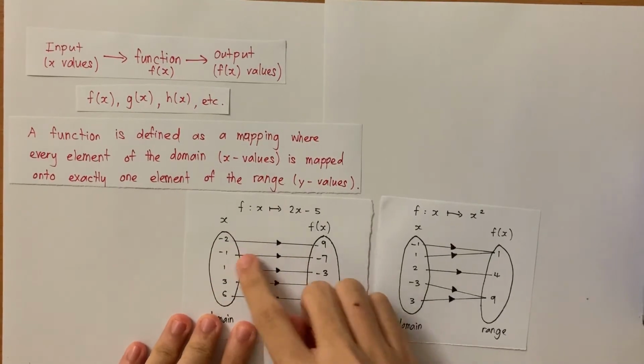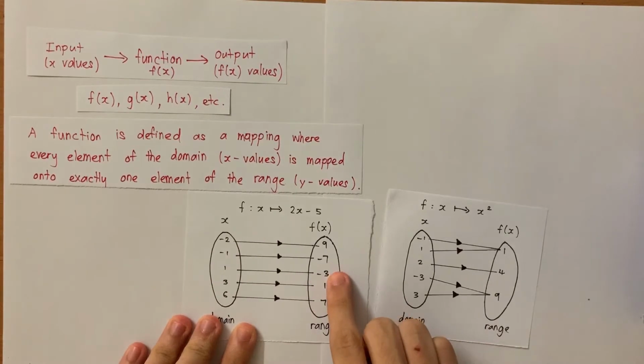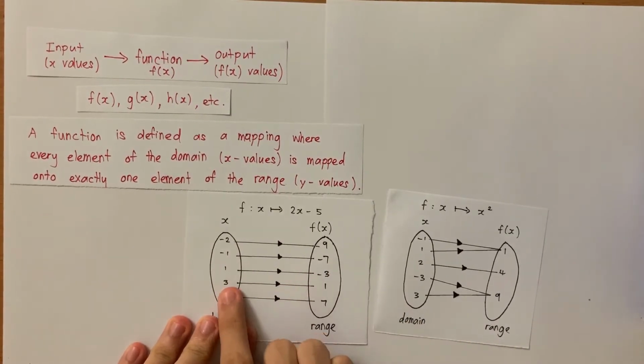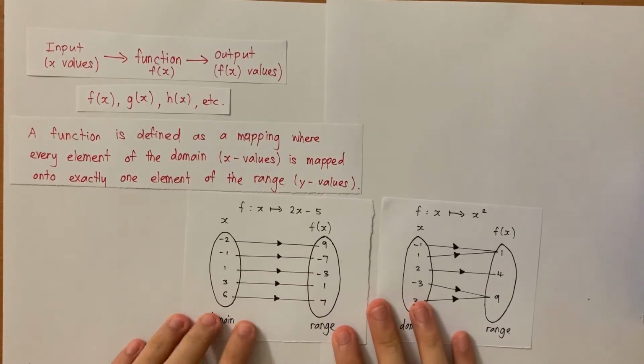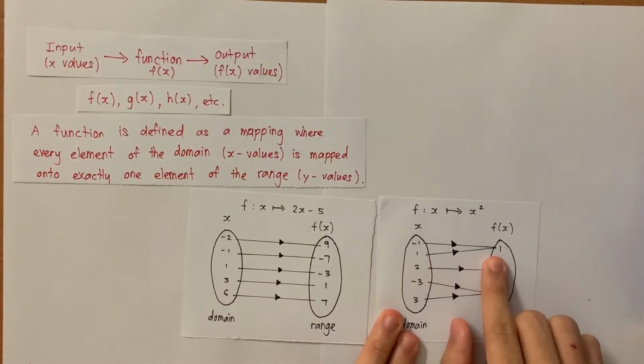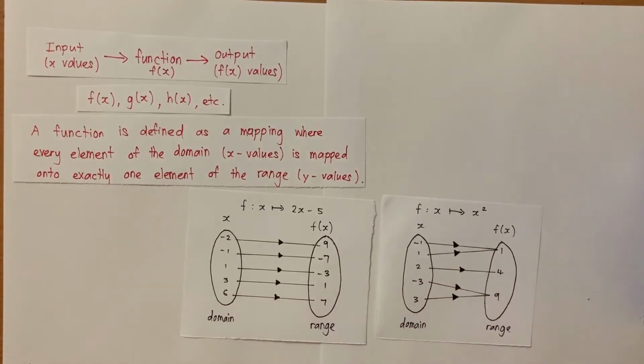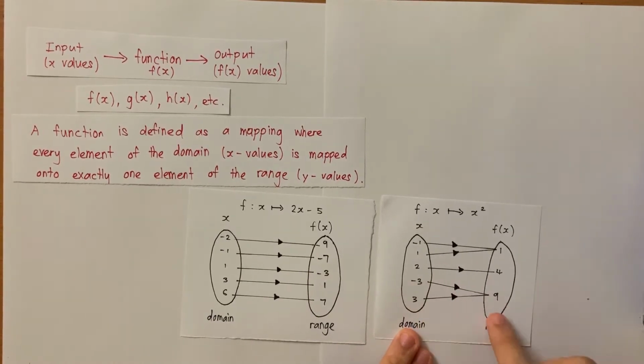One input will only lead to one output. So that's this. One input leads to one output. One input, one output, one input, one output, and so on. And so that's here. Although they are the same output, it is still one input, one output. Basically, that defines the function already.